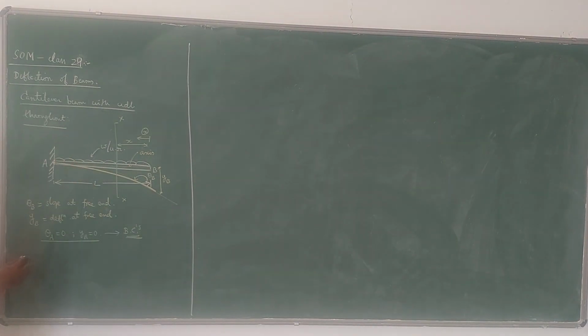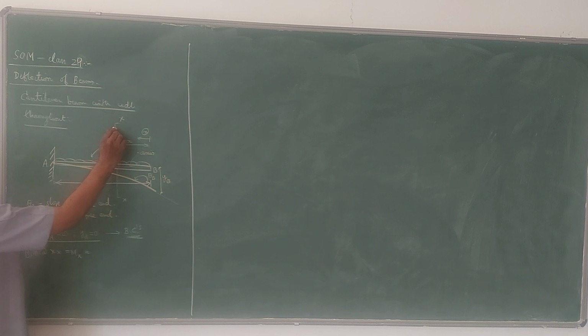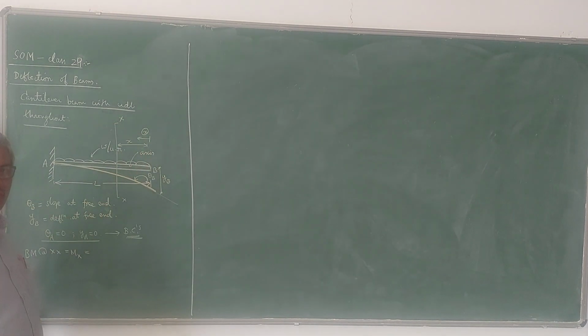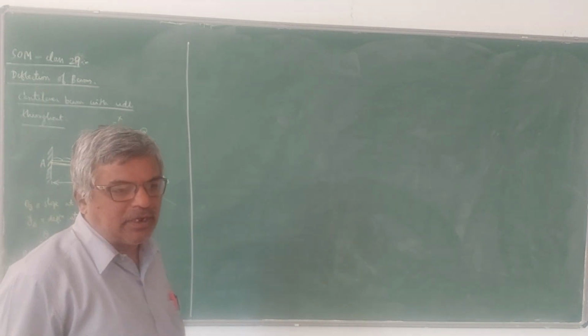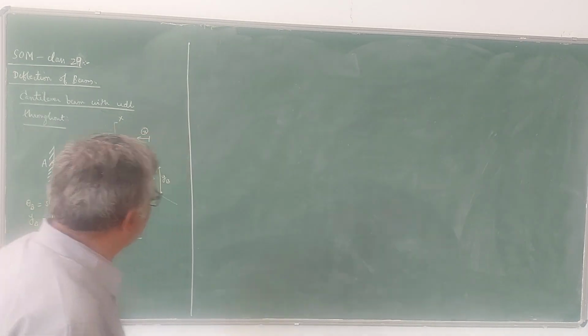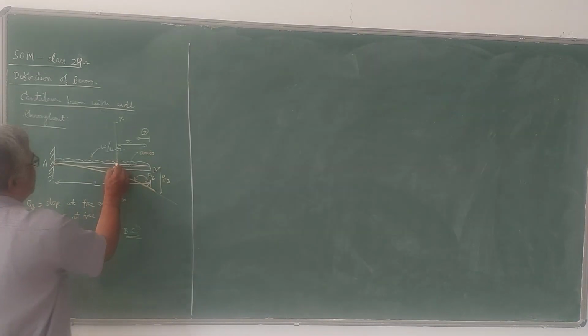Now I will write the bending moment at XX, which I call Mx. See to the right side of this XX, as I already told, downward forces give negative bending moment, that is hogging nature. Upward forces give positive bending moment, sagging nature. Here, only UDL is there.